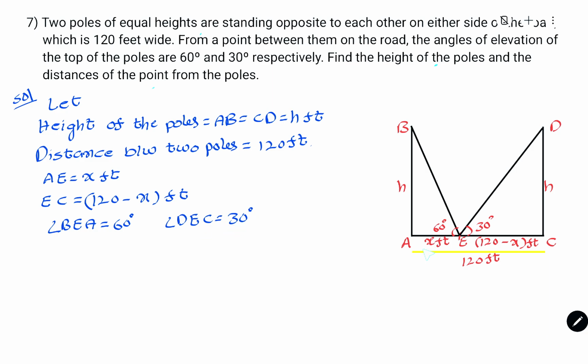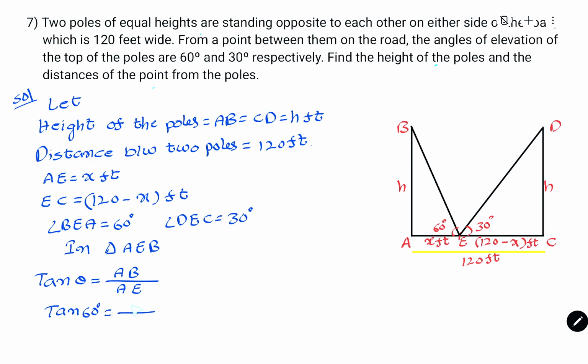Now take triangle ABE. In triangle AEB, we assume here adjacent side and opposite side. For the angle 60, we have opposite side and adjacent side. So we take tan ratio. Tan theta is equal to AB by AE. Here theta is 60 degrees.